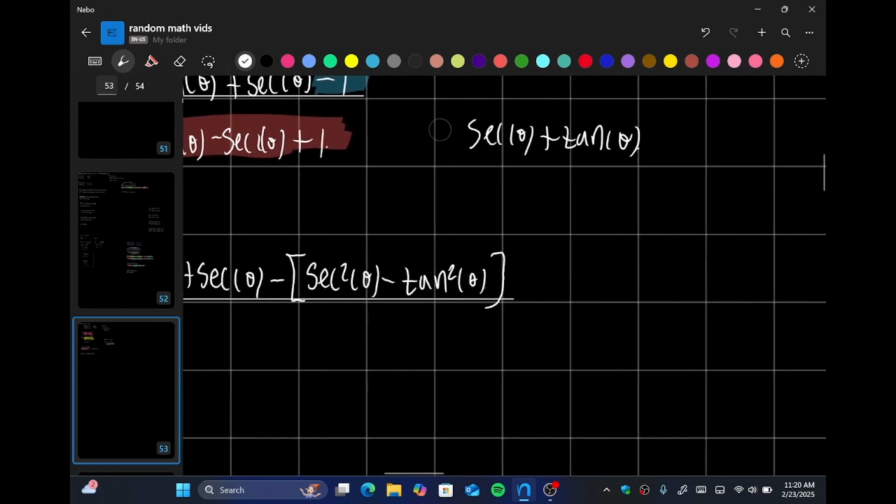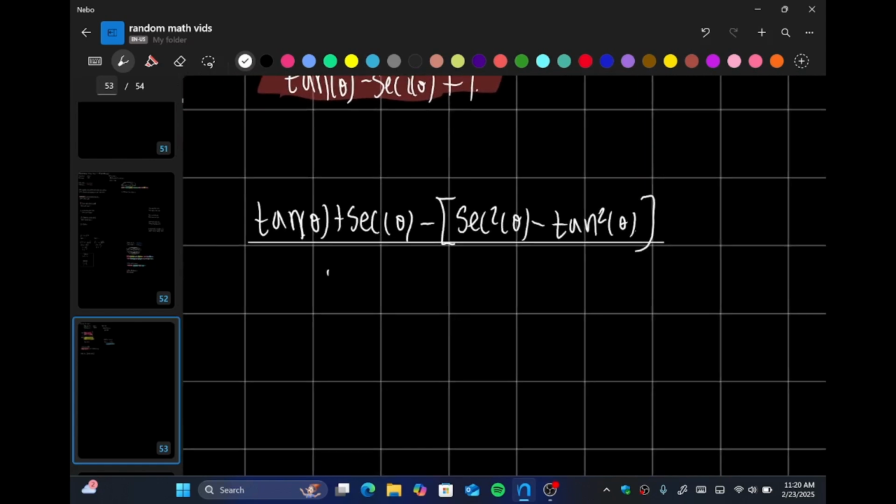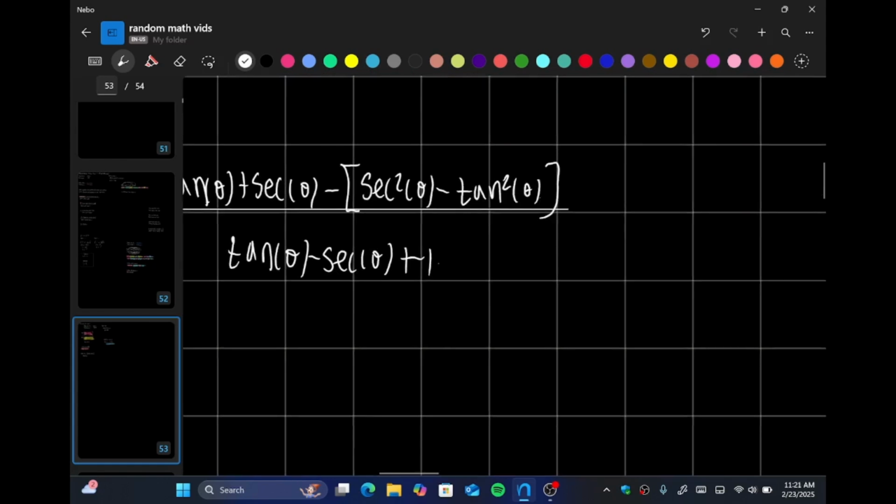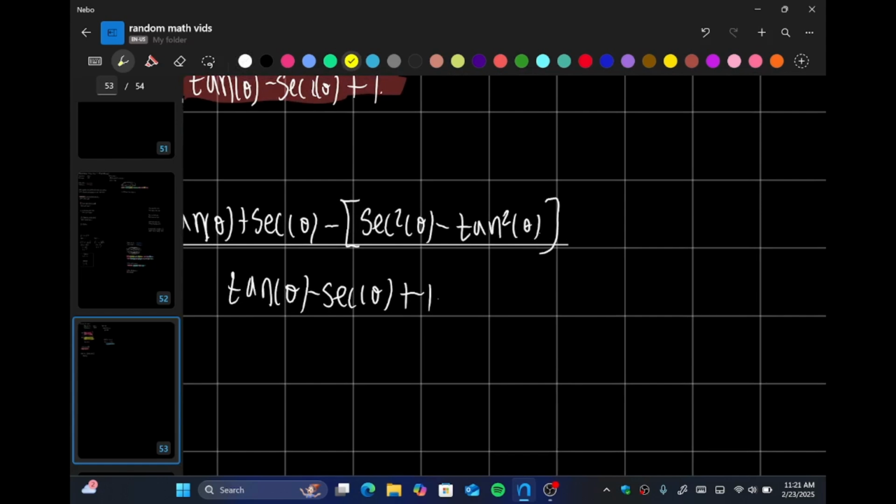Actually, let me do it in a minute. Let's go ahead and rewrite it. We'll still rewrite it this way, and eventually I'll rewrite it the way that I just wrote it.